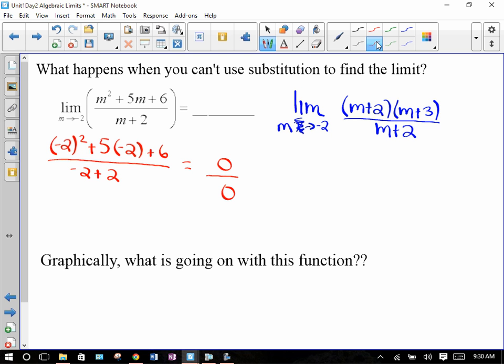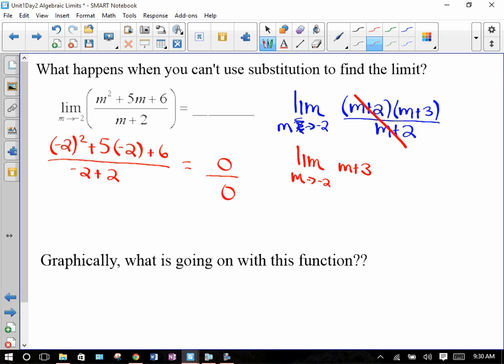Yes. You plug in -2, not 2. So the n plus 2 cancels out, and I'm left with the limit as n approaches -2 of n plus 3.